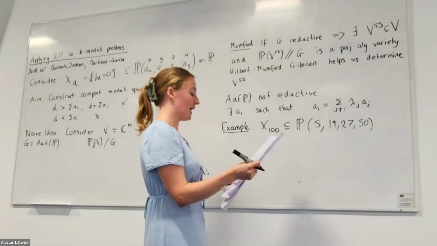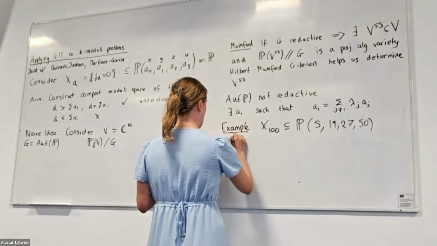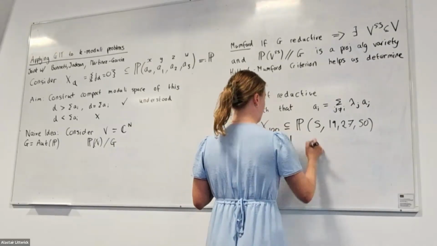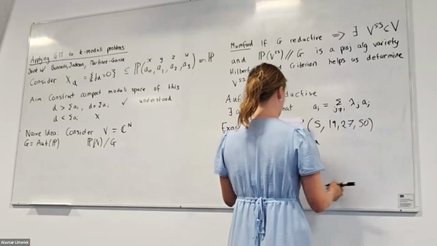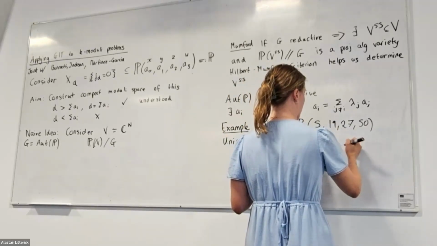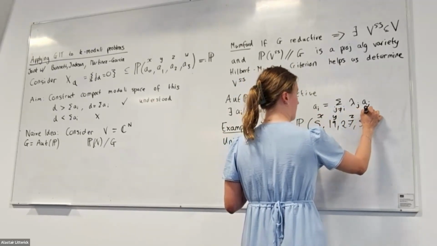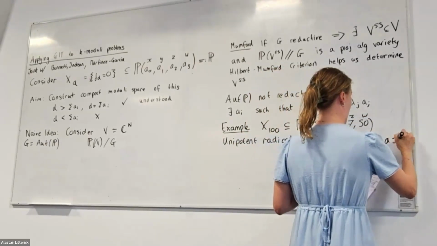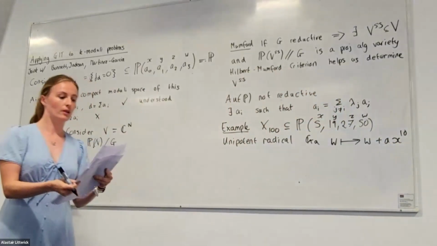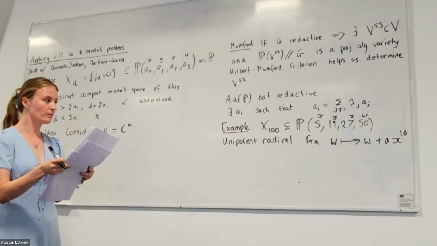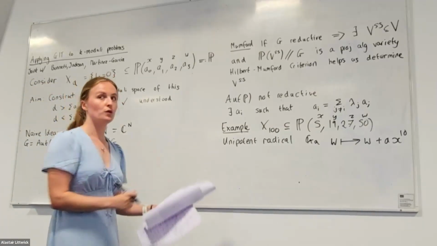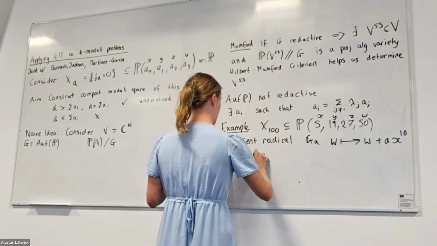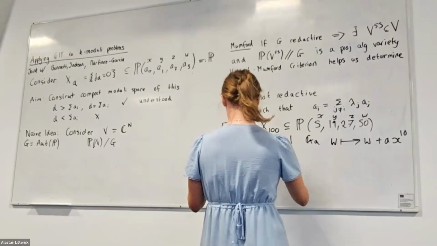And so we have a unipotent radical G_a, and this is generated by sending, so again we have x, y, z, w, we can send w to w plus a x to the 10. So our automorphism group now instead looks a bit like this.